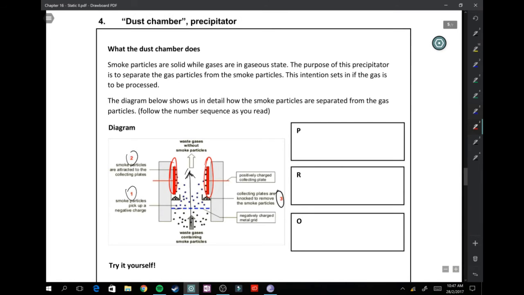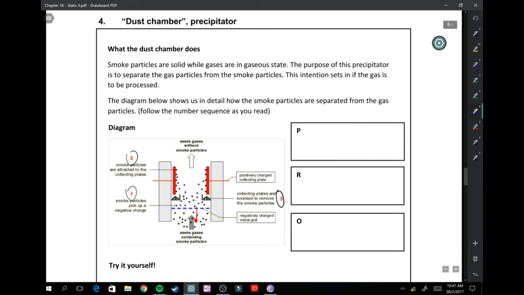Now what happens then is, of course, attraction will happen, and when attraction happens, the smoke particles will come to the red plate. Now because of the mass of the smoke particles, it is easy to knock them out from this system, and they'll be collected here, these boxes. Okay, so for the so-called life cycle of a smoke particle, the smoke particle will be here, comes up here, it will be charged.